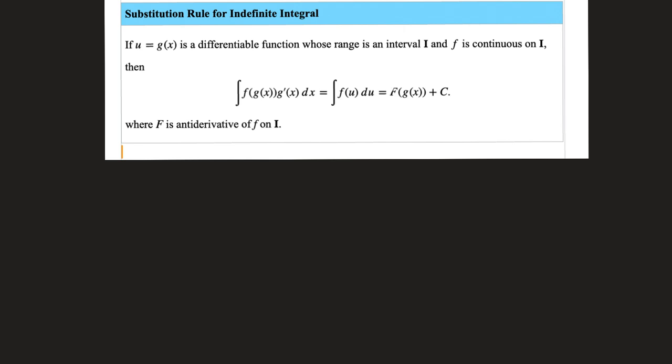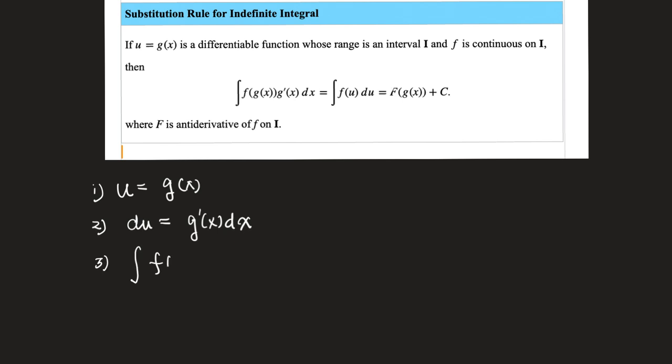The first step is you're going to let u equal g of x. So when you use the substitution method, you find the inner function, like in the chain rule, u equals g of x. What is the second step you have to take? du is found by taking the derivative of both sides, g prime of x dx. Right? Then go back to the integration.